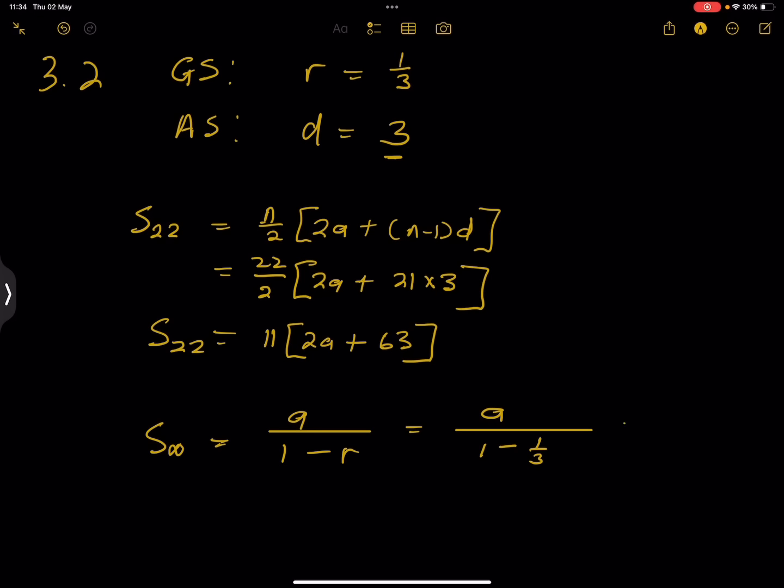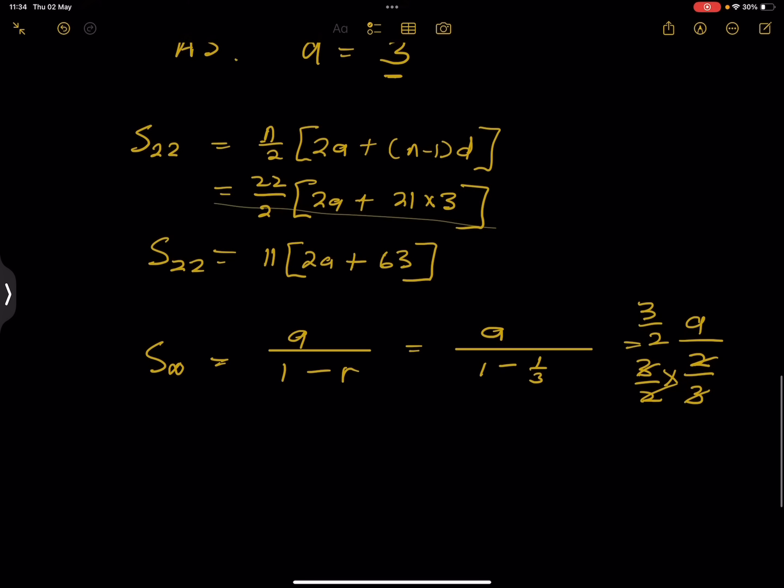So we've got a divided by 2 over 3. If I don't want a fraction at the bottom, I will multiply by the inverse, 3 over 2. But what I do at the bottom, I do at the top as well, so that cancels. So the sum to infinity will be 3 over 2a.